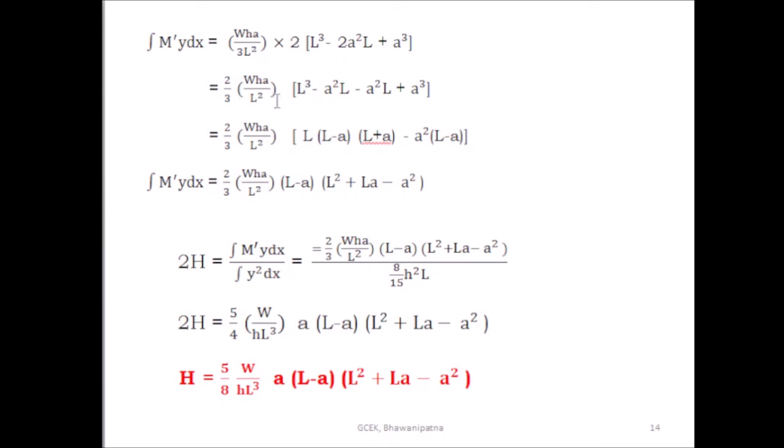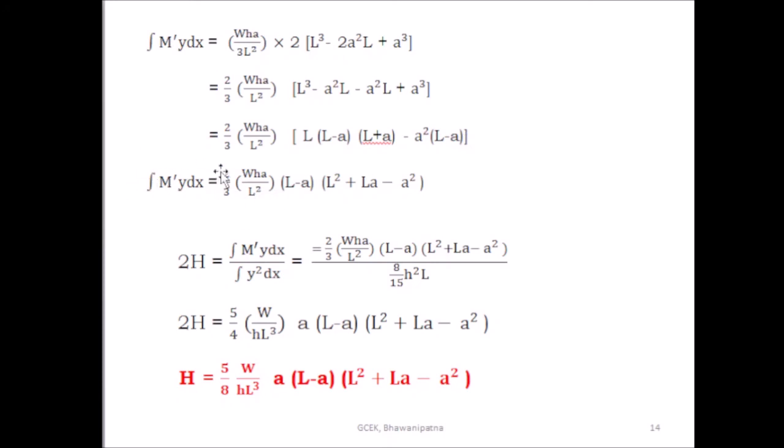After simplifying, 2 by 3 wha by l square, l cube minus a square l minus a square l plus a cube. Then 2 by 3 wha by l square, l minus a, l plus a minus a square into l minus a. So this is the integration of m dash y dx.